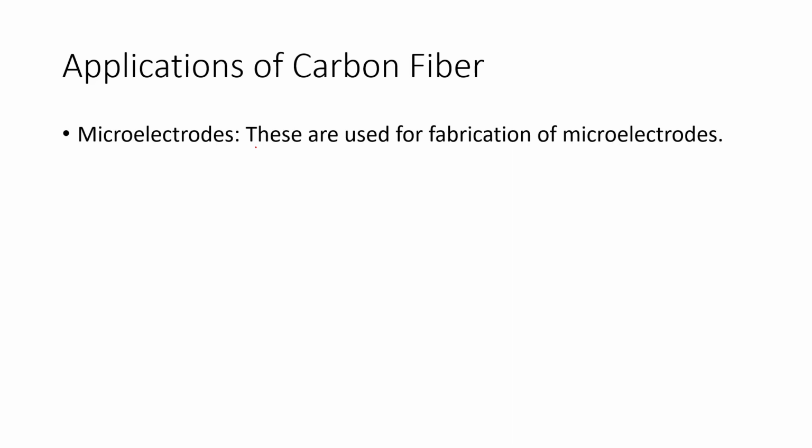So carbon fiber microelectrodes are used either in amperometry or fast scan cyclic voltammetry for detection of biological signaling. So basically carbon fibers are used for fabrication of carbon fiber microelectrodes.